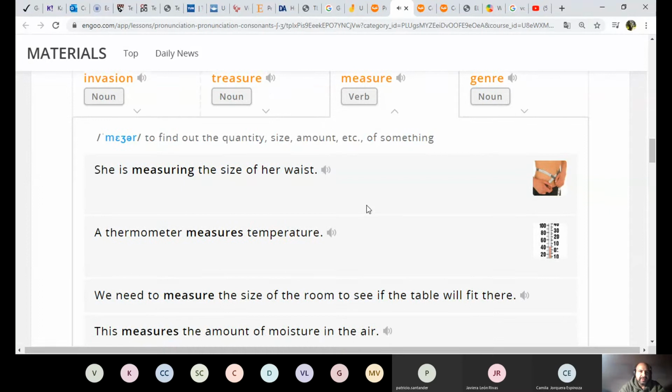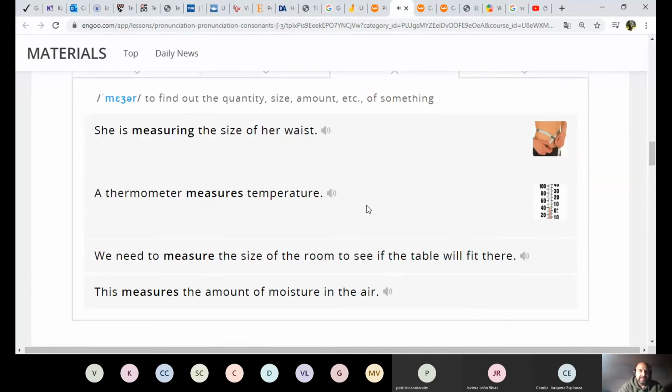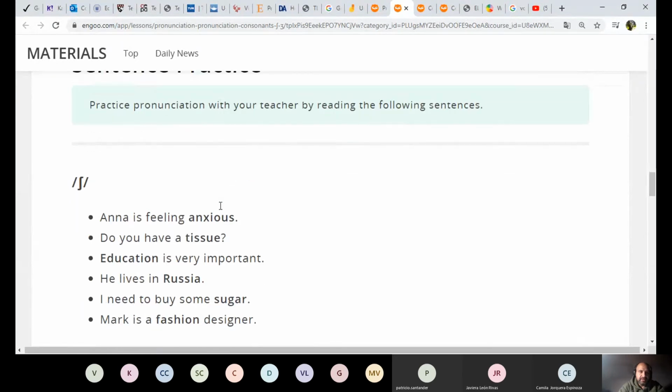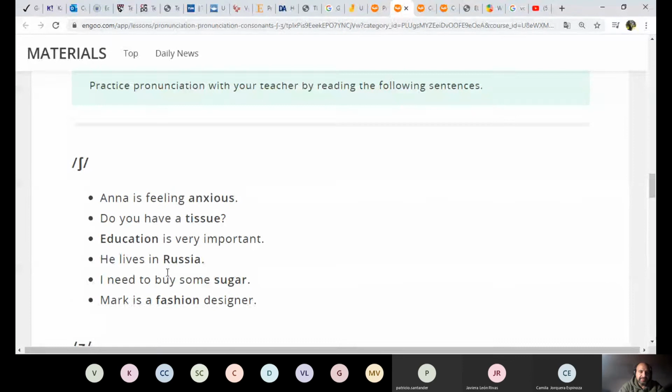Listen as many times as you want and then proceed to repeat a couple of times to get the pronunciation, particularly the voicing in this particular phoneme. A thermometer measures temperature. Okay, measures. And then you get sentence practice below with the two sounds sh and j.